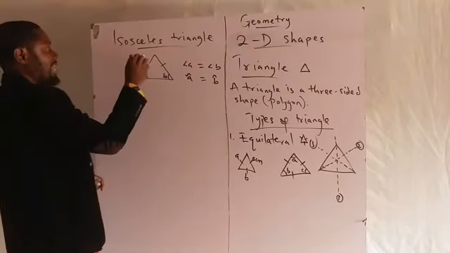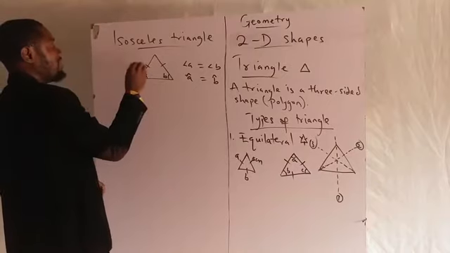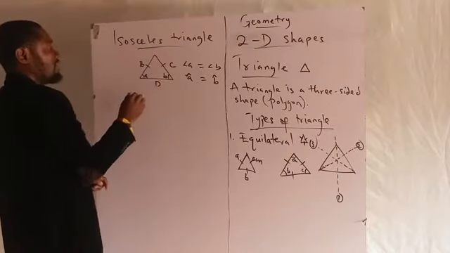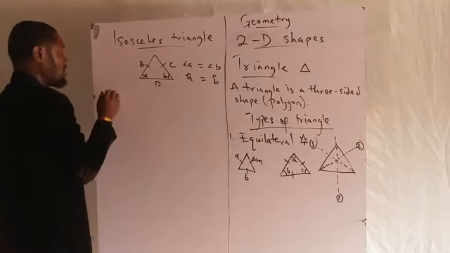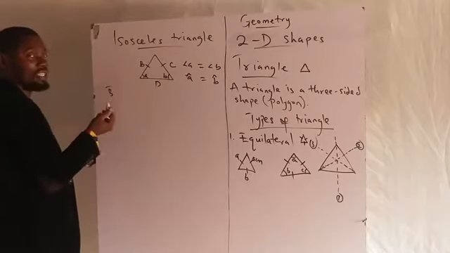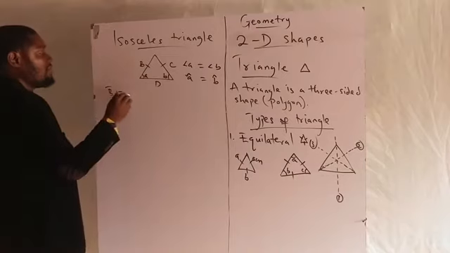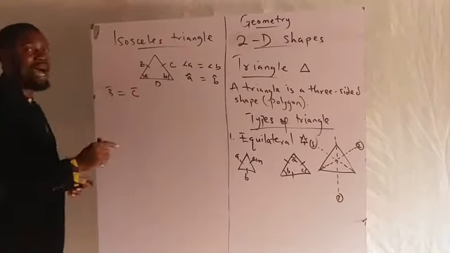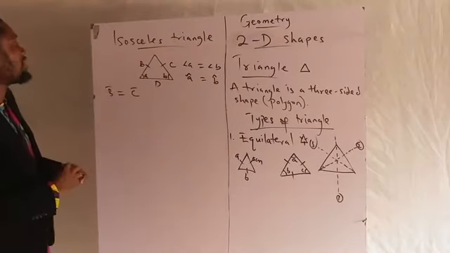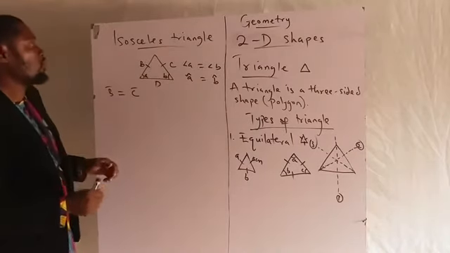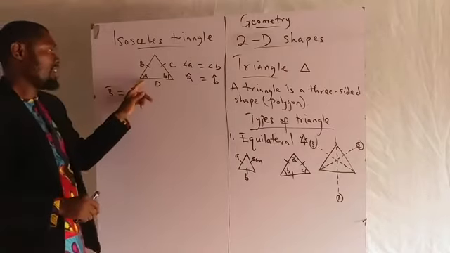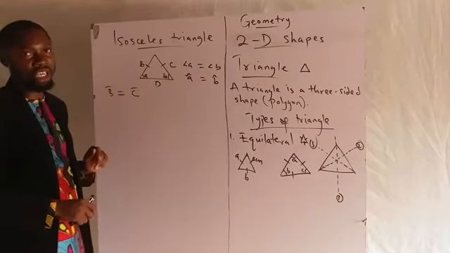And side B and C are the same, or line B in this form is the same as line C, but they are not the same as this part. So you can see that an isosceles triangle has 2 equal sides and 2 equal base opposite angles.